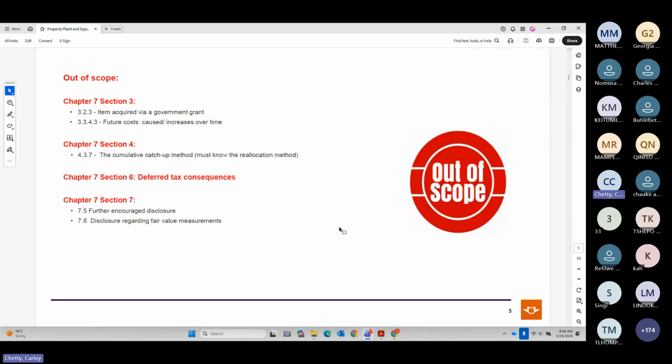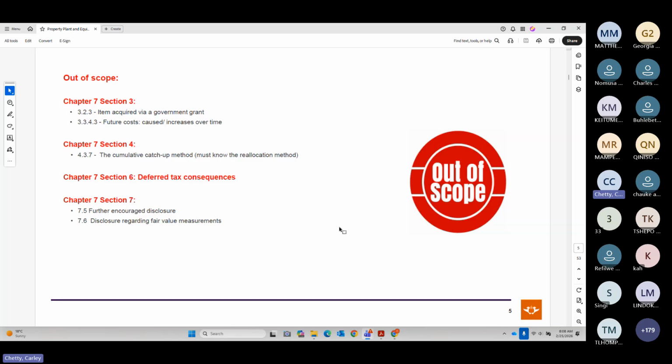So that is also scoped out. And then Chapter 7, Section 4, the cumulative catch-up method. So that is for the change in estimate. So that is scoped out, but you must know the reallocation method. So what we do today will be the reallocation method. Then Chapter 7, Section 6, deferred tax consequences.